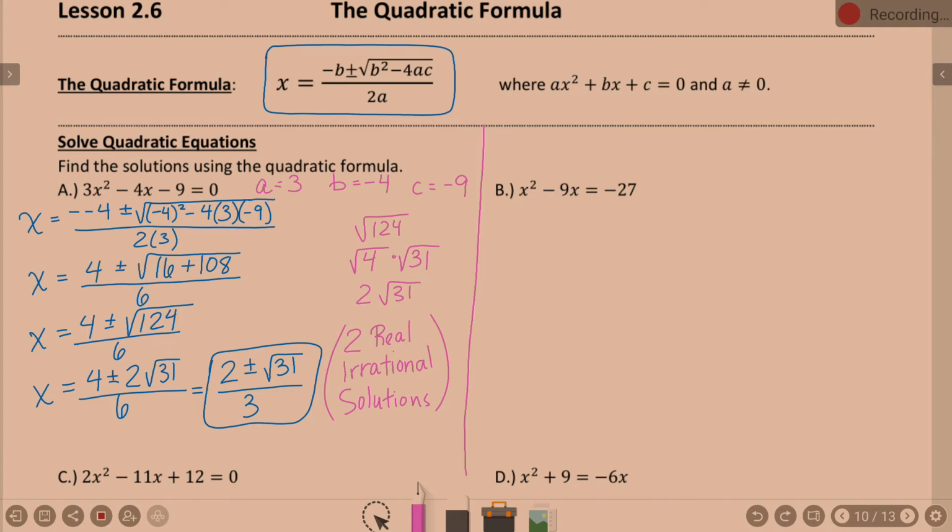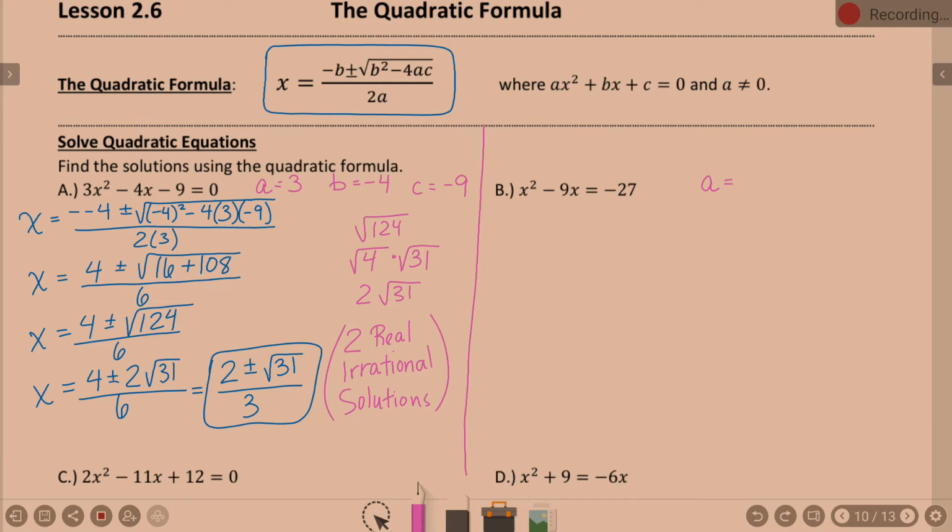Ready to try B? Okay. Let's start off with ABCs. Again, not that you have to write them out, but do we need to add our 27 over? In order to get our ABCs, this equation has to equal 0.